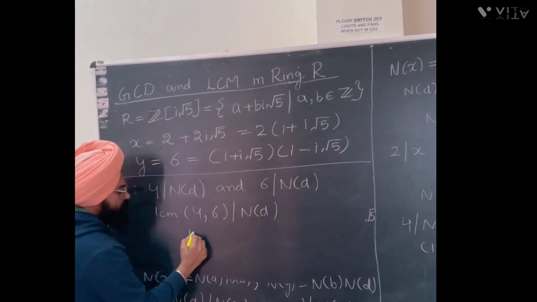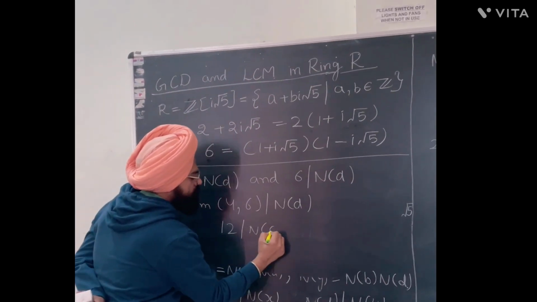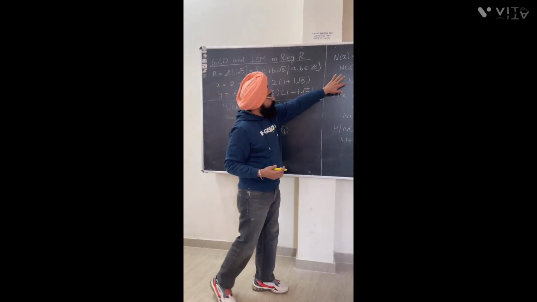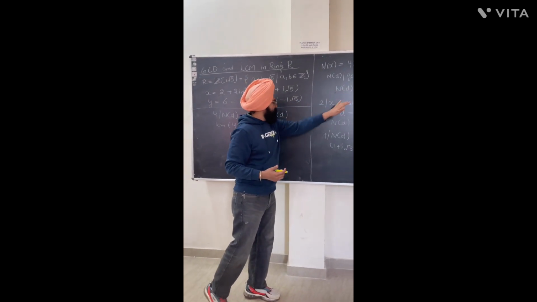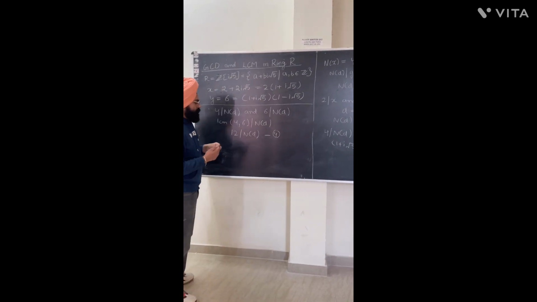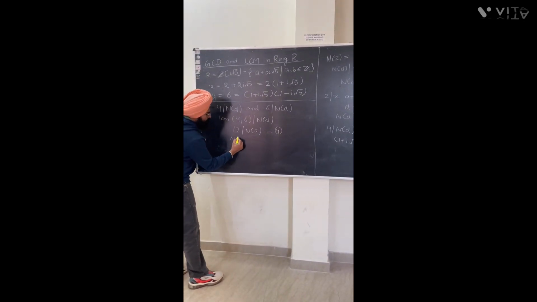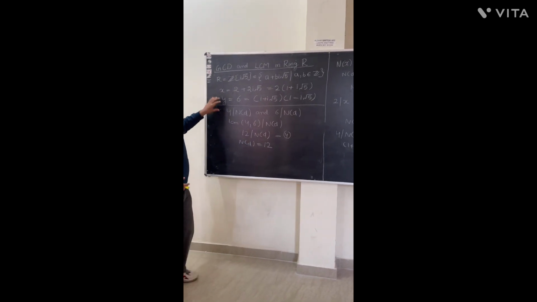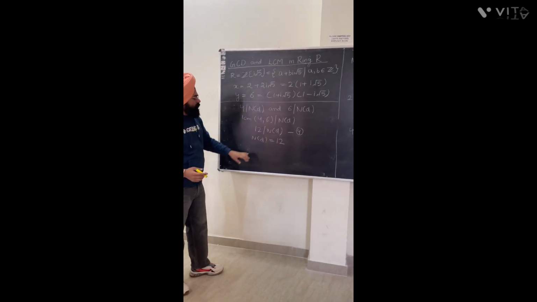This gives us 12 divides norm of d. Say this is equation number 4. From equation number 1, norm of d divides 12, and from 4, 12 divides norm of d. So this concludes that norm of d is 12. So if the GCD exists, then its norm would be 12.